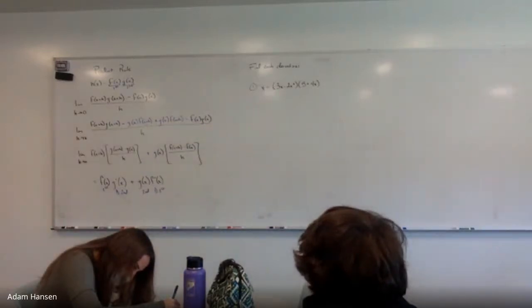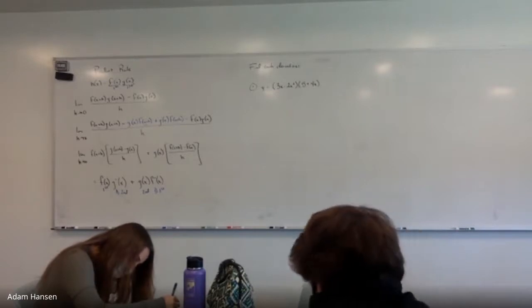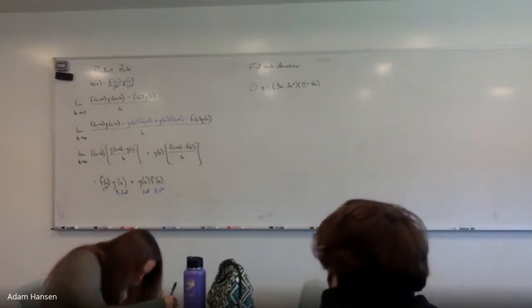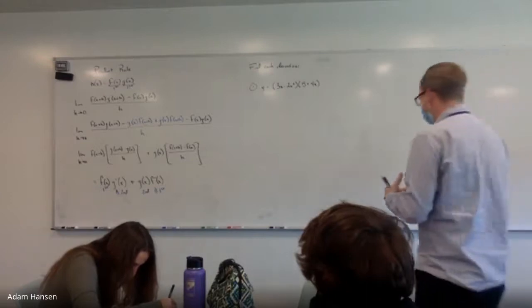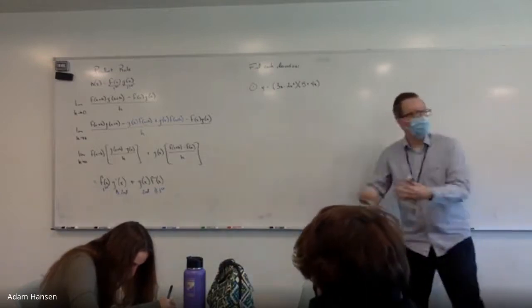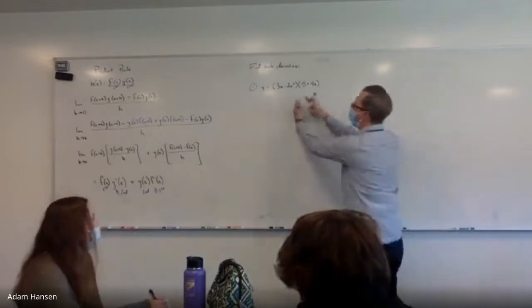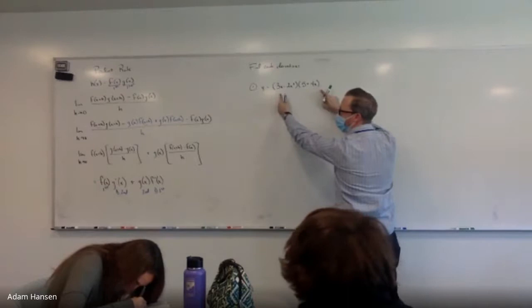I want to find the derivative of the function y equals 3x minus 2x squared times the quantity 5 plus 4x. We're talking about the product rule. What does product mean? Product means what mathematical operation? Multiplication. So which two functions are being multiplied together?